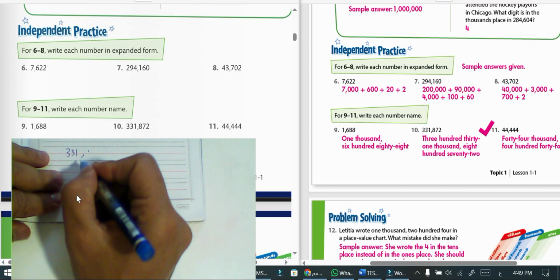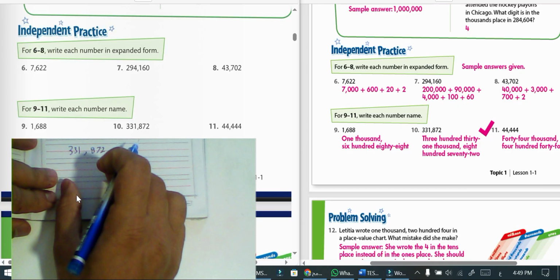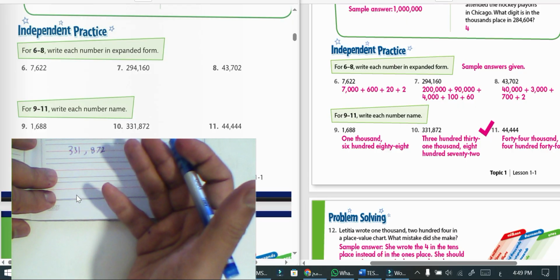Okay, next question. We have 331,872. We can write this number in word form or number name.